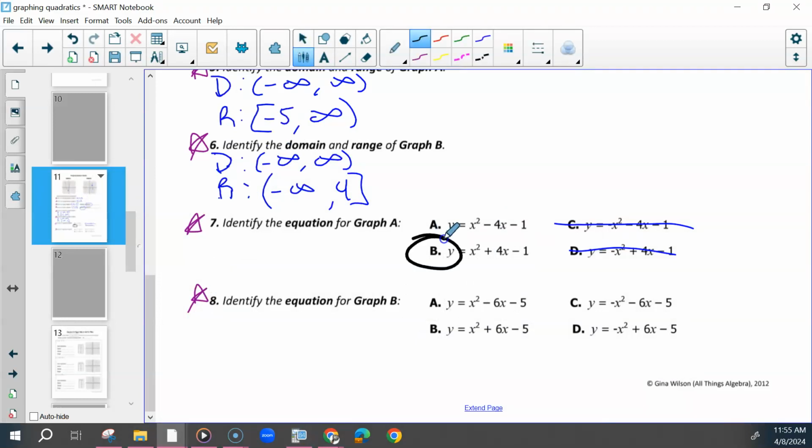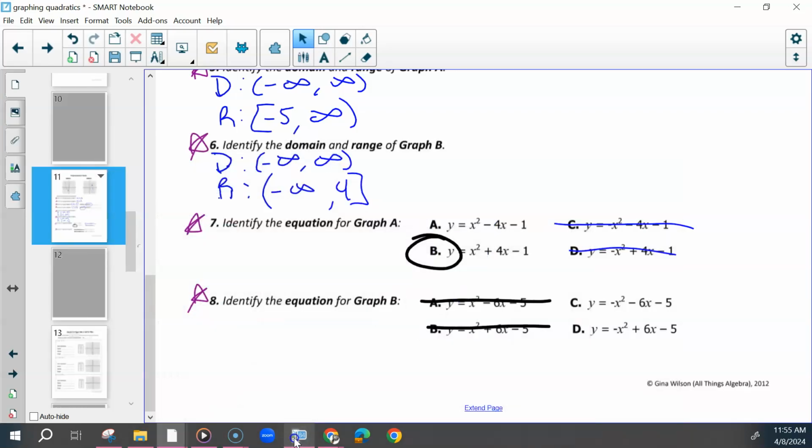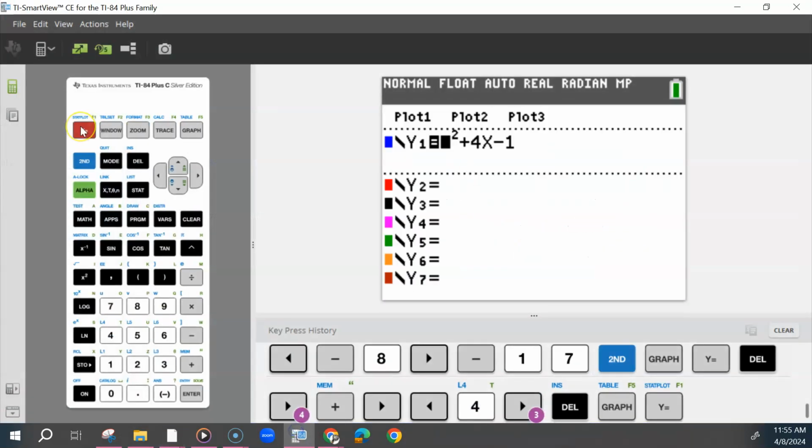And then for graph B, that one's facing down, so we can eliminate which 2? A and B. Which one do you think this might be? D. I heard C and D, so I'm going to put D in because I heard that one first, but if you think C, put that one in. Negative x squared plus 6x.